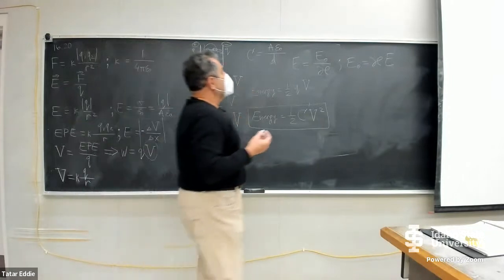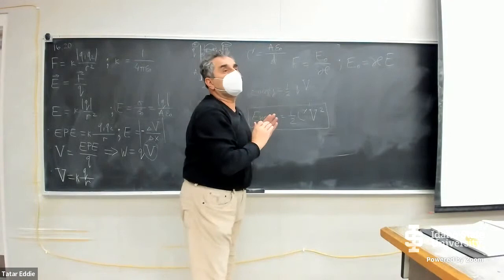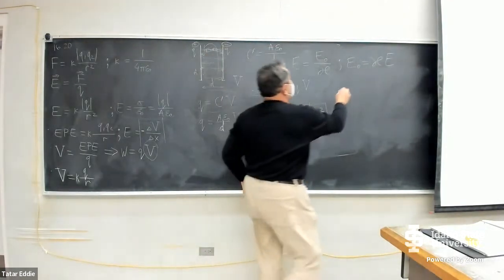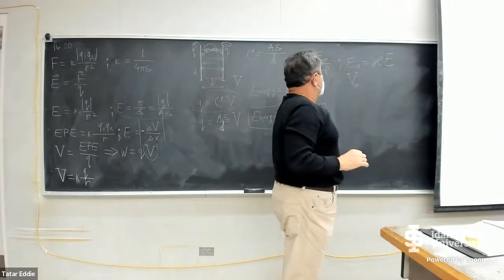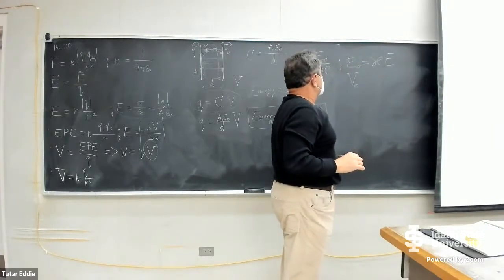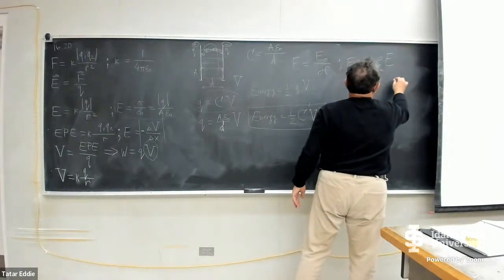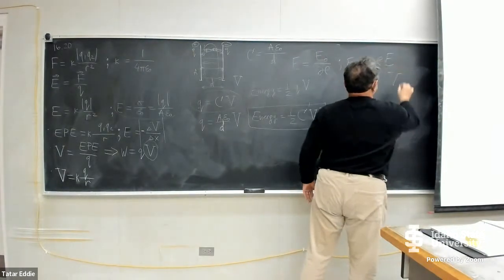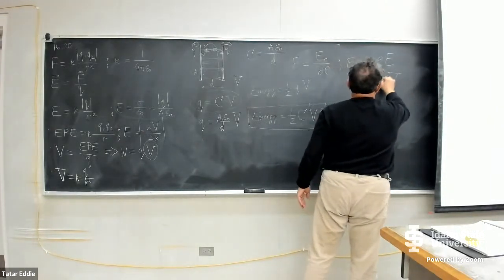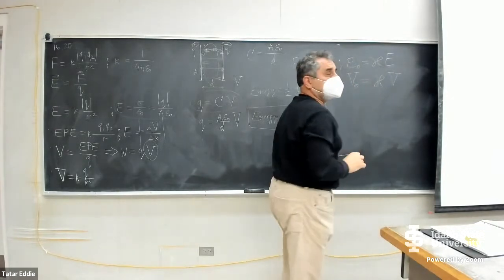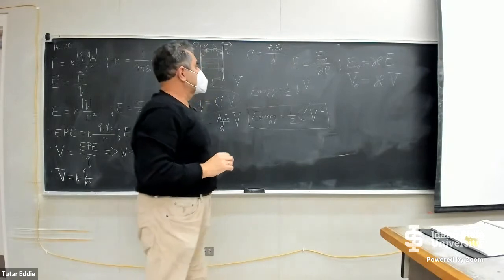Well, from here, you can also see that the voltage between the plates also drops proportionally to kappa, right? The voltage when you have air between the plates is V naught. The voltage after you place the dielectric material becomes V. The coefficient of proportionality again is kappa, the same dielectric constant.